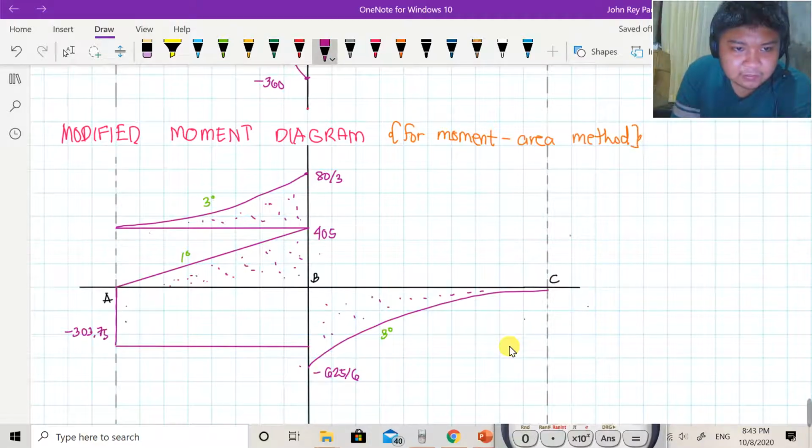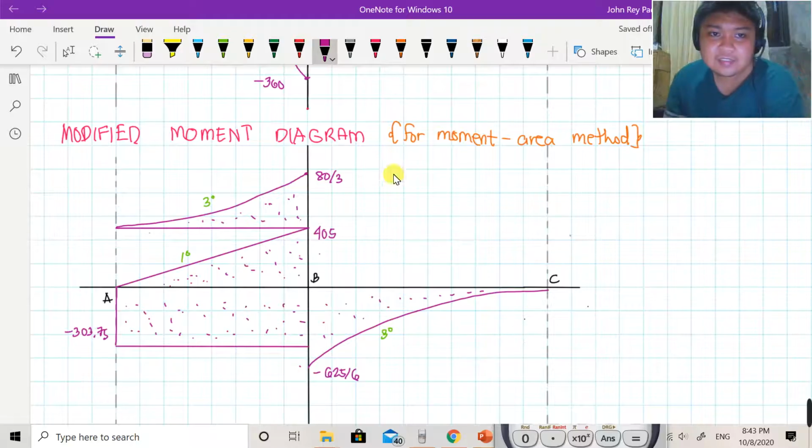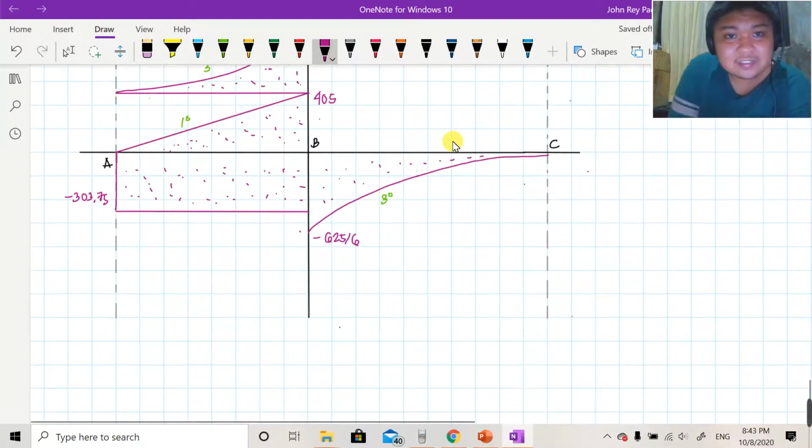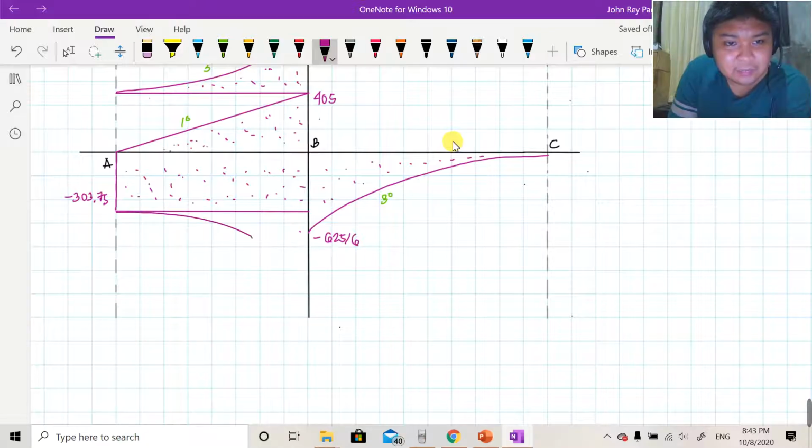So, ayan siya, class. And lastly, to be considered class is yung ating second degree curve. So, negative 360 siya. So, simply 360 divided by 2, 180 siya class. Okay? So, therefore, lagay natin siya as kurbada. Nandito na lang siya as negative 180. So, ito siya. Lagay natin as second degree.